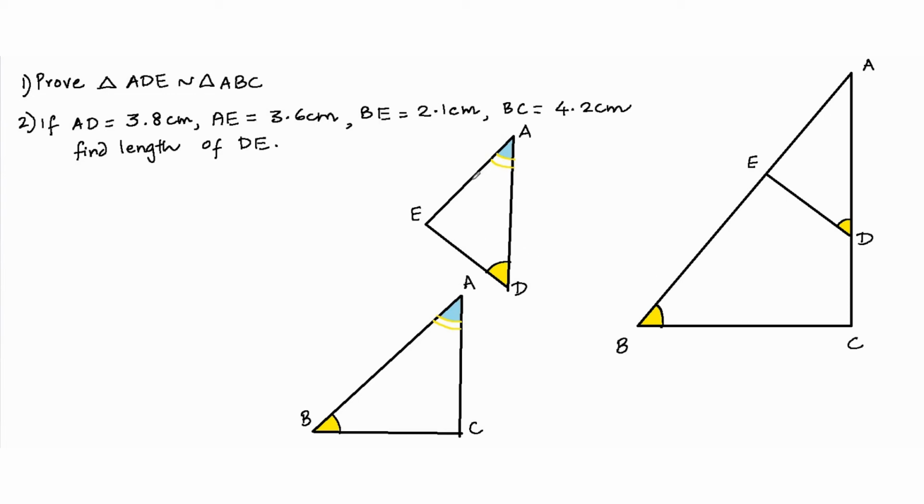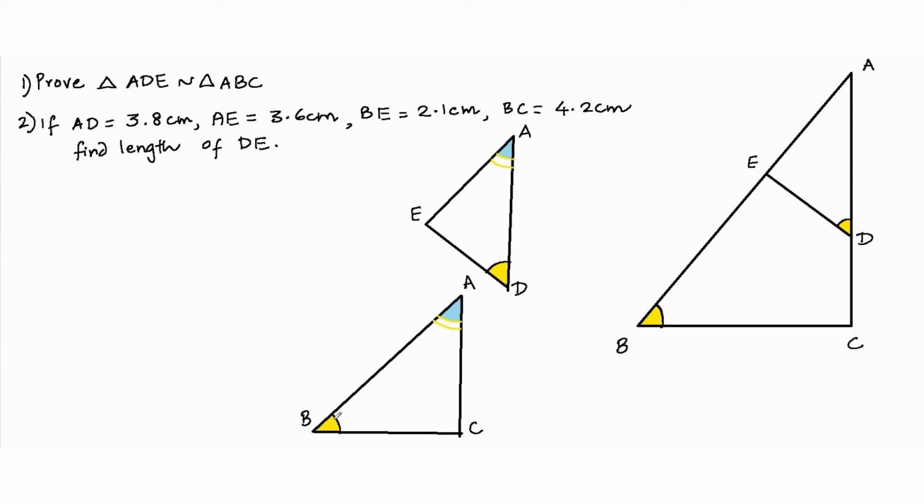Now let's see if these two triangles are similar. I notice that angle A is the common angle in both triangles. Again, not because of the common vertex, but because the measure of the angle is the same. Just because the letter A matches in both triangles, it is not necessary that the angles would be equal. But over here, I notice that the whole of angle A is being counted in both triangles, and that's why those angles are equal.